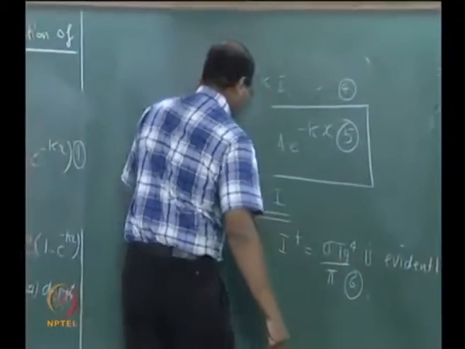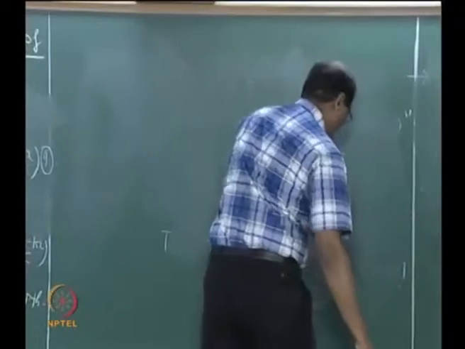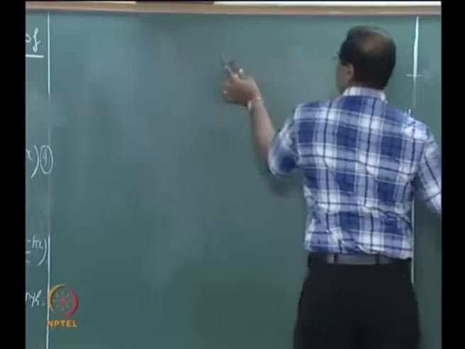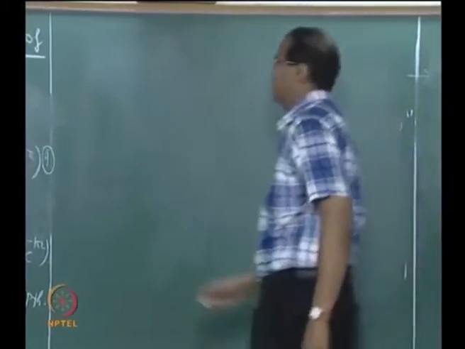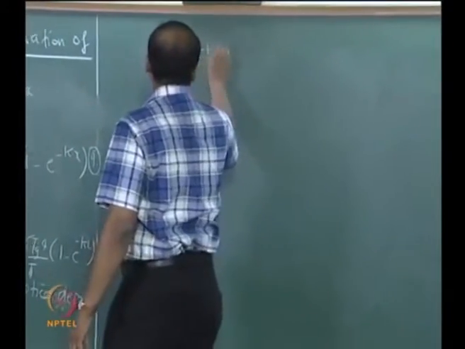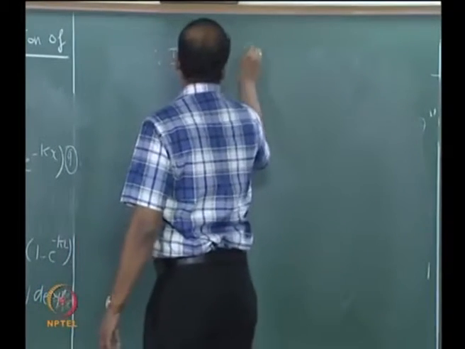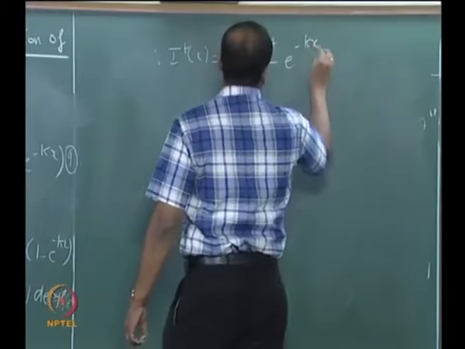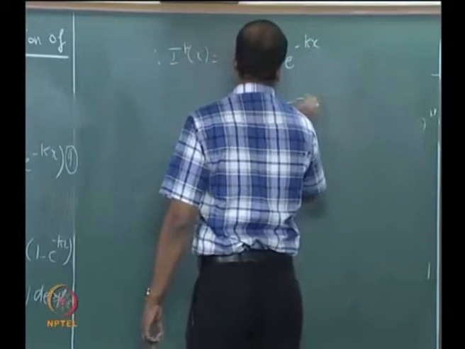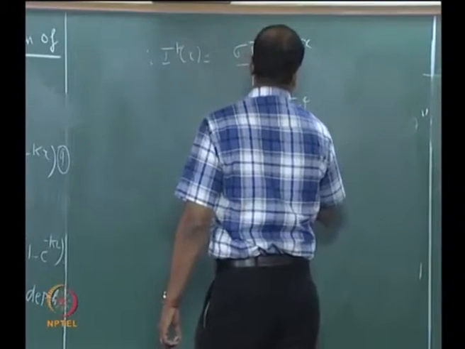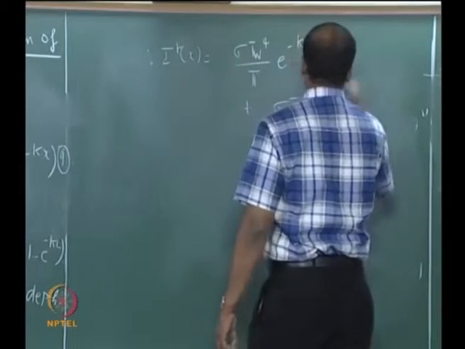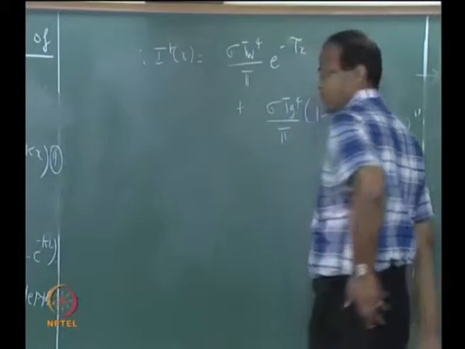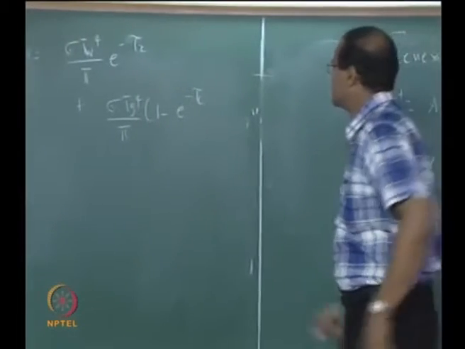Now so therefore in general it is tau subscript L, so this is tau x.